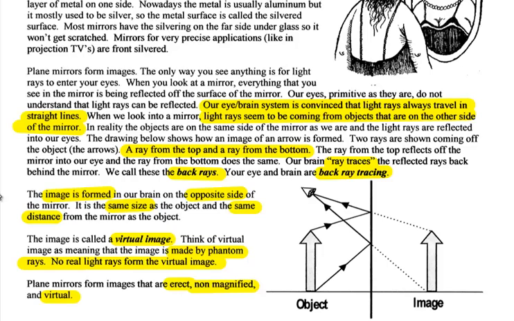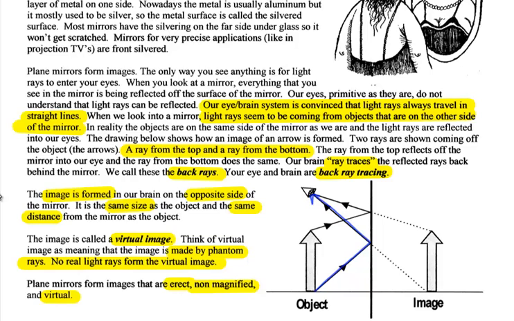It says here in the first highlighted portion, our eyes and brain system is convinced that light rays always travel in straight lines. If you look at this picture down here with our object and image, you can see that the light wave is traveling, reflecting off the mirror, and then coming into your eyes, and you're seeing that image.